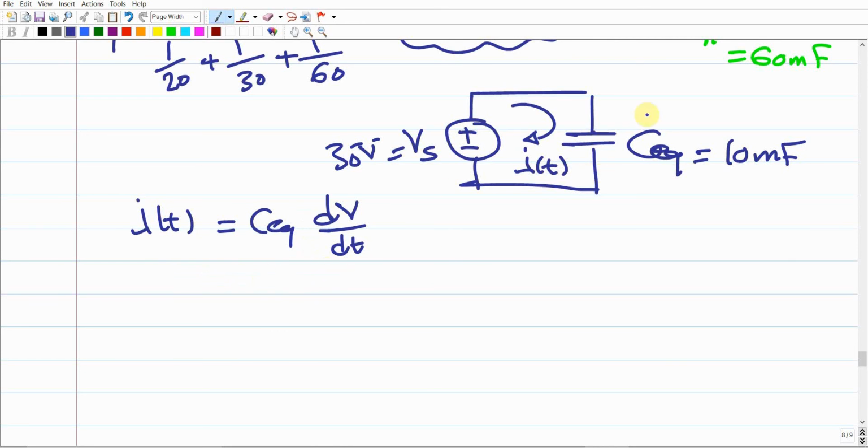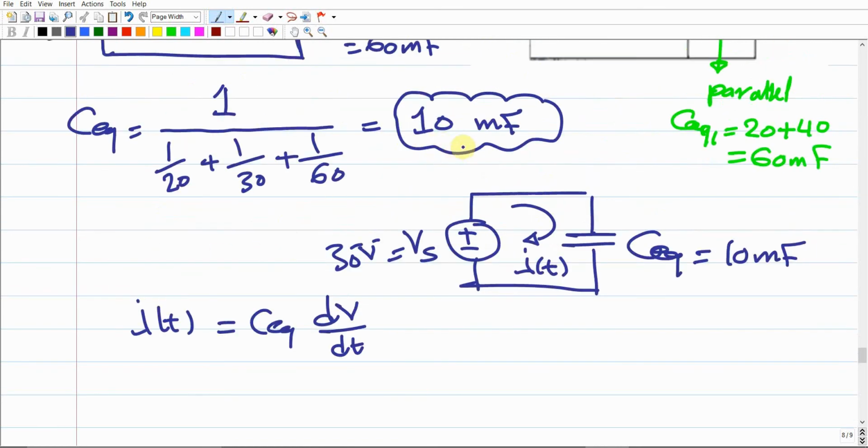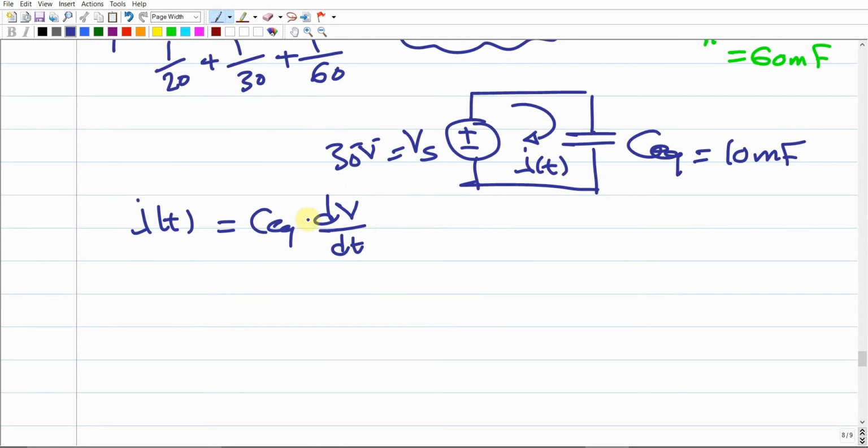This is the current over the capacitor, which should equal the capacitance times the time derivative of the voltage over this capacitor, which is Vs, 30 volts. This is the current equation that we explained above at the start of this video. So simply, given this, the C equivalent we got as 10 microfarad, but how about the time derivative of the voltage of this voltage source?